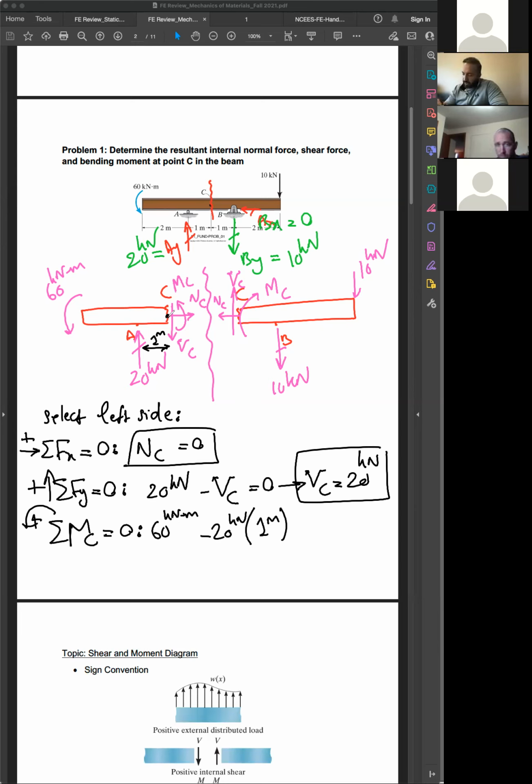MC, VC both pass through C, but MC will produce counterclockwise moment. Nothing else, equal to 0. From this MC is equal to 60 minus 20, would be 40. Go to the other side, negative 40 kilonewton meters.